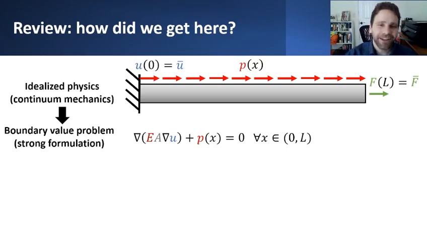It had to satisfy this governing differential equation, and it also had to satisfy some additional boundary conditions that we imposed either on the displacement field itself or on whatever external forces might be applied at the ends or on the boundary of this domain, subject to certain well-posedness conditions.